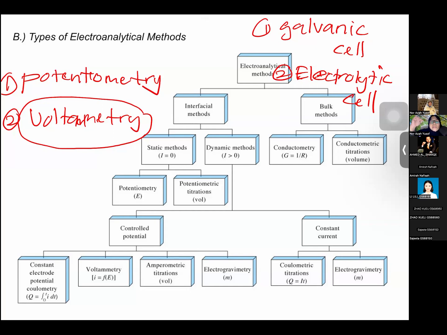When you mix, let's say, argentum chloride in one beaker, and then you have another copper nitrate in one beaker, and then you put together the salt bridge, there is a spontaneous reaction, one being oxidized, one being reduced, according to the electrode potential of that particular metal.